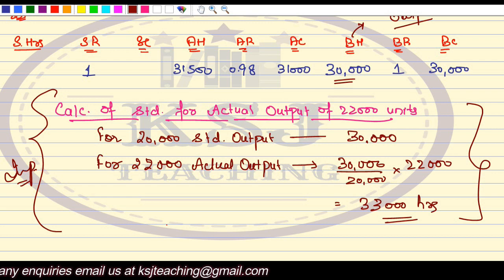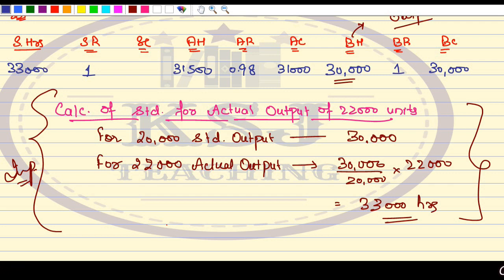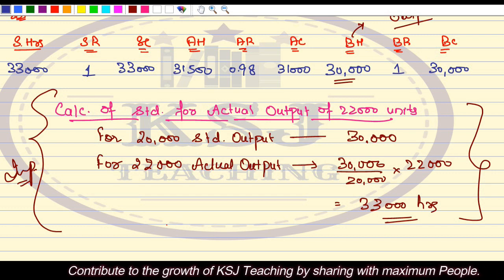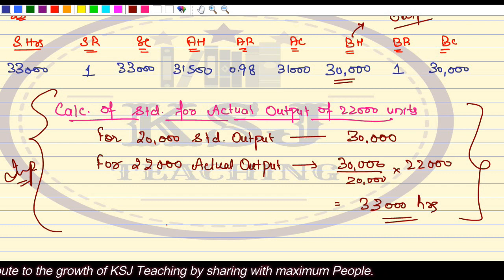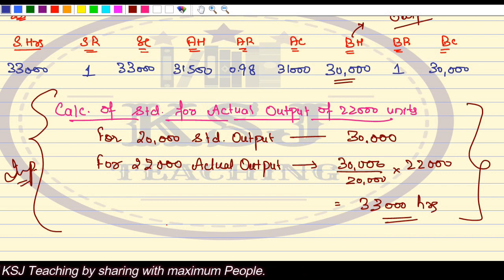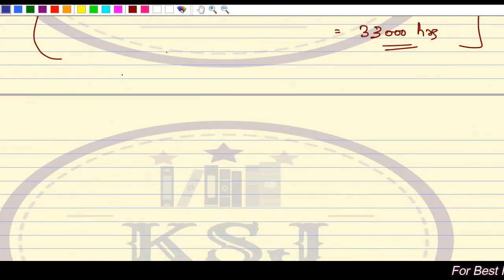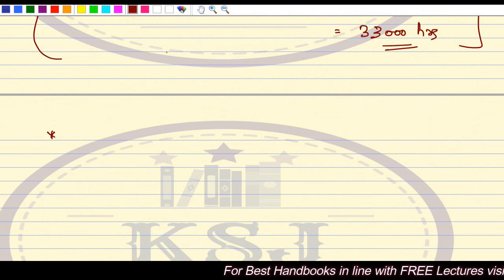So here we will write 33,000 multiplied by 1, standard cost will be 33,000, right? So with this, your table is complete. Now you can calculate all the variances. That will be pretty easy. You can easily calculate all the variances now, right? In this case, when we are going to talk about the revised capacity variance, there we are going to use the term possible hours.